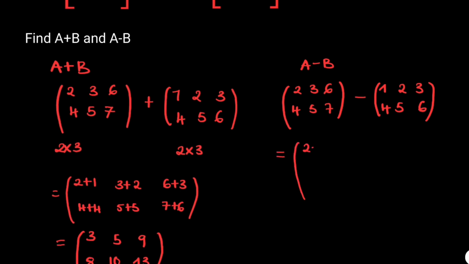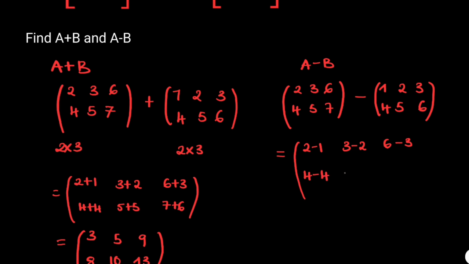So we have 2 minus 1, 3 minus 2, 6 minus 3, 4 minus 4, 5 minus 5, and 7 minus 6.